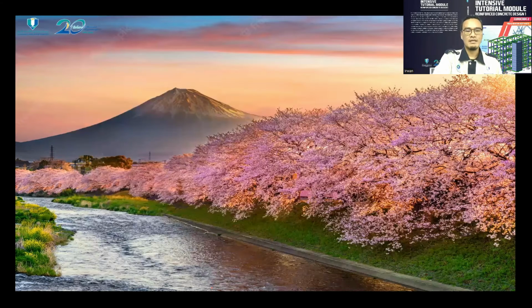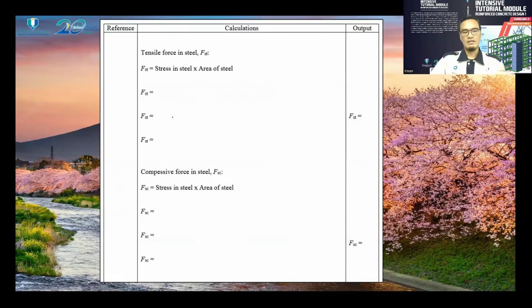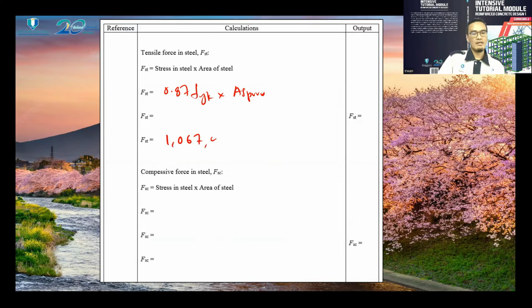So next is the FST, from the tension reinforcement: 0.87 fyk multiplied by As provided. So what is the answer? 1,067,925 Newton. Good.